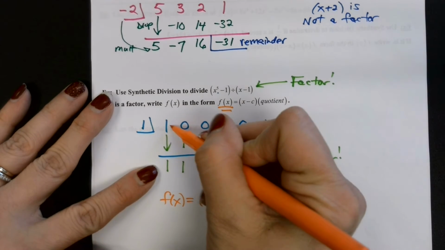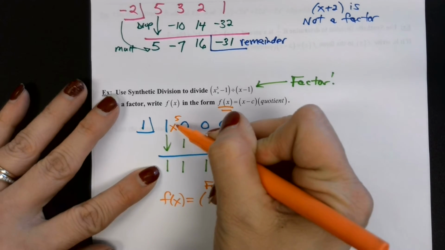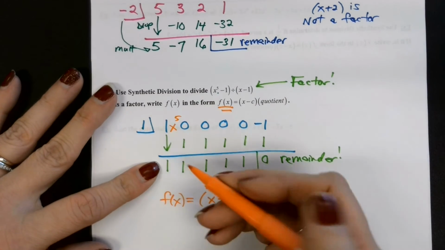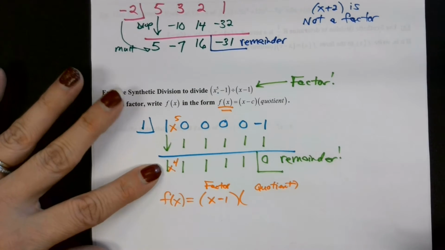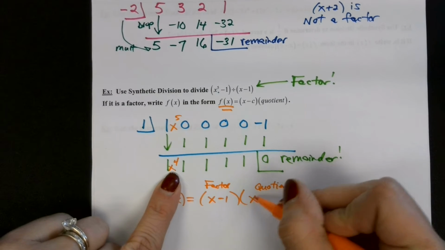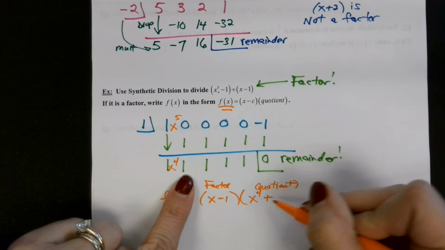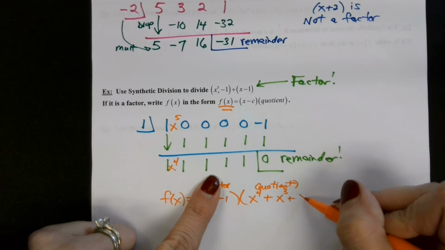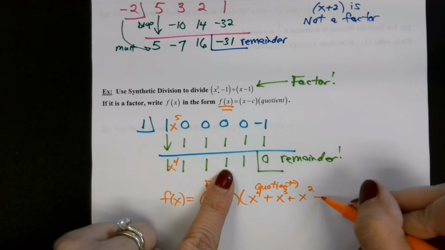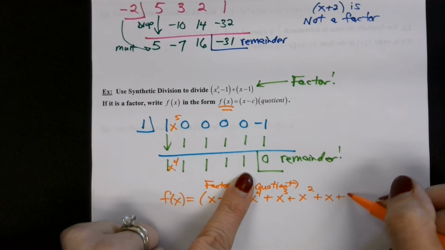So if this was x to the 5th power, the answer is always 1 power less. This is going to be x to the 4th power. So we have x to the 4th plus 1x cubed plus 1x squared plus an x plus a 1.